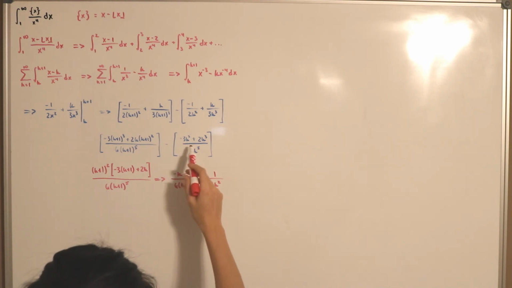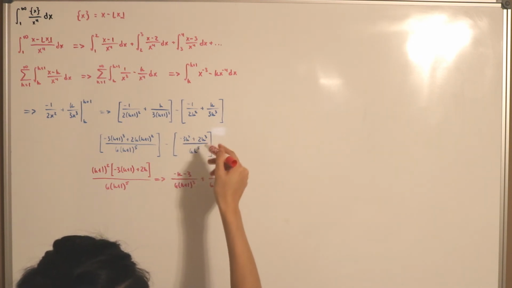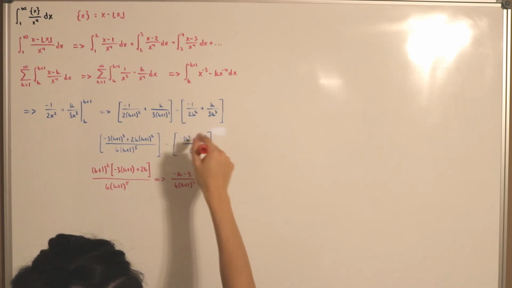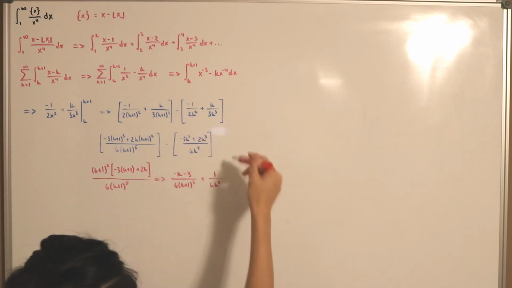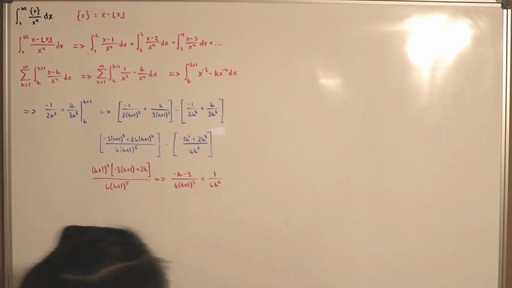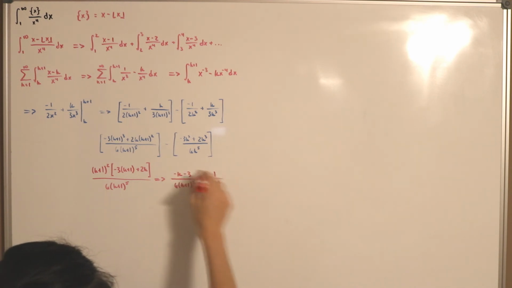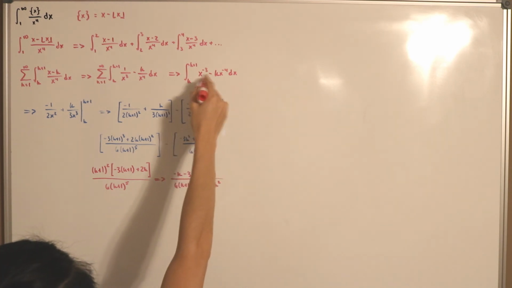Let me make sure. So negative 3k cubed plus 2k cubed is negative k cubed. The k cubes cancel out, so this is negative 1 divided by 6k squared. Then distribute the negative, you get a positive. Okay, cool. So this is our answer to our definite integral over here.